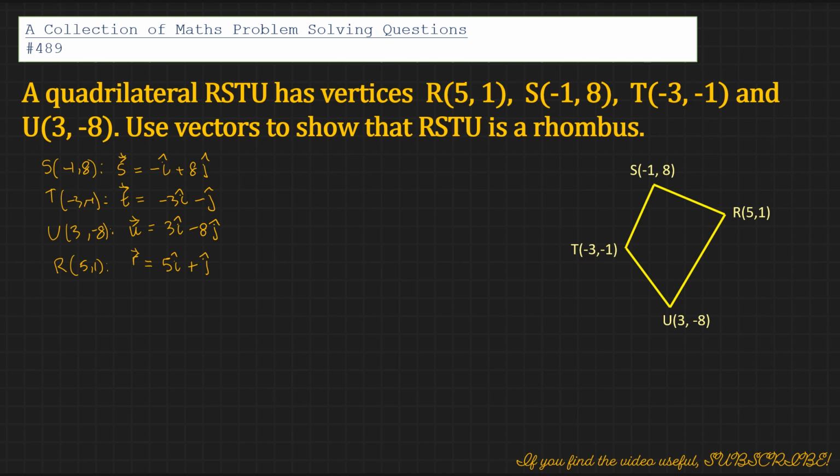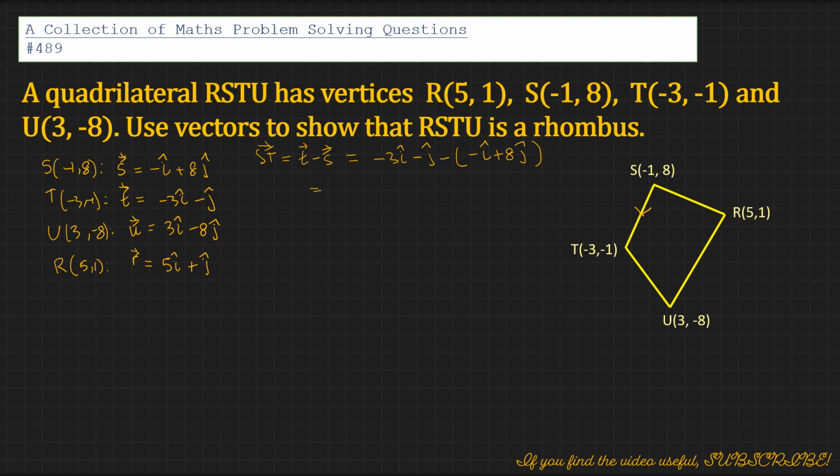Now we have to find the vectors of the sides to see if the opposite sides are parallel and equal. Vector ST equals T minus S, which is -3i minus j minus (-i plus 8j).